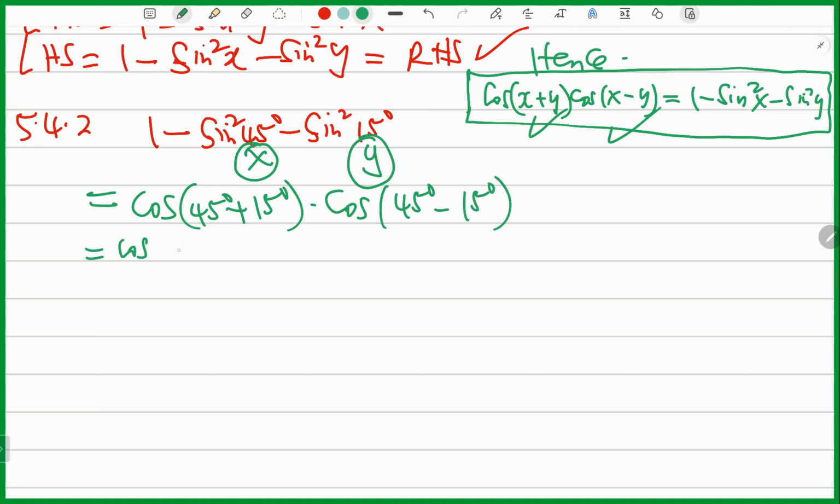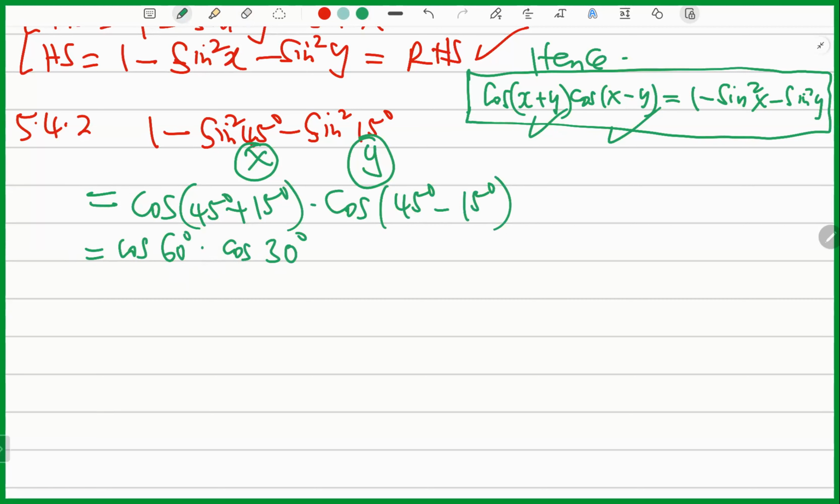So this is the cosine of, what is 45 plus 15? It's 60. So this one is going to be exactly 60 degrees. So you can do cosine of 60 degrees. And then here we have 45 minus 15, which is exactly 30 degrees.